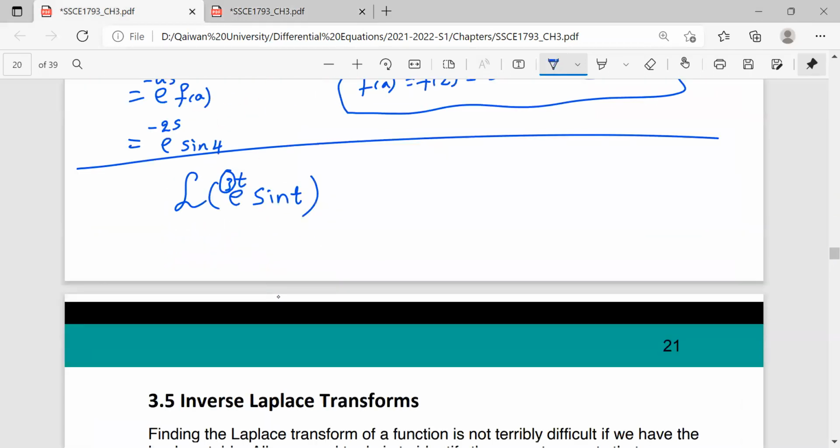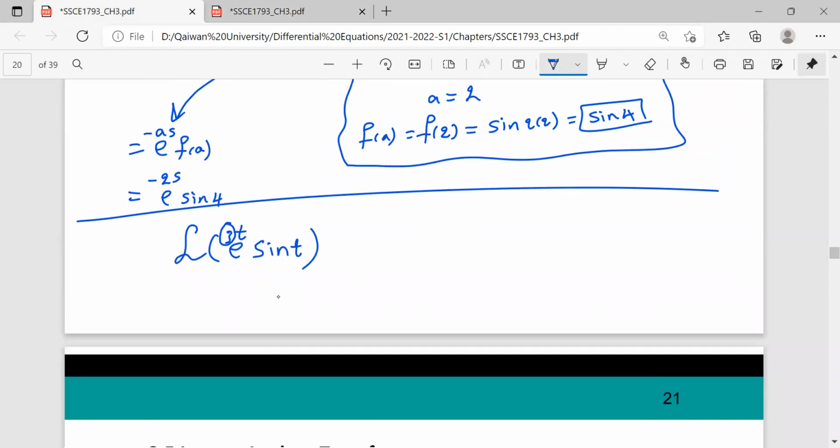Oh, it's in the other file. Here we say the Laplace transform of e to the power 3t. Let me change this to, let's say, 2t. Okay, e to the power 3t. We say the Laplace transform of an exponential function multiplied by f of t, e to the power at times f of t.